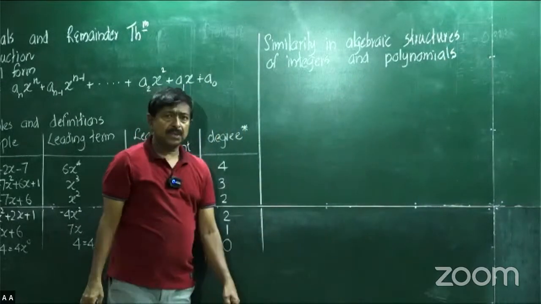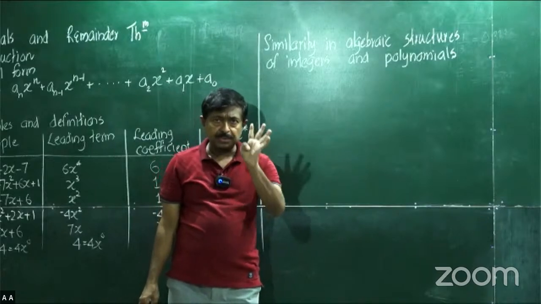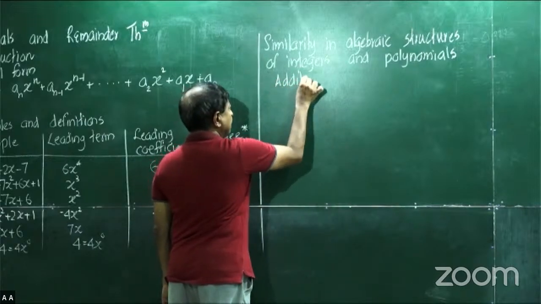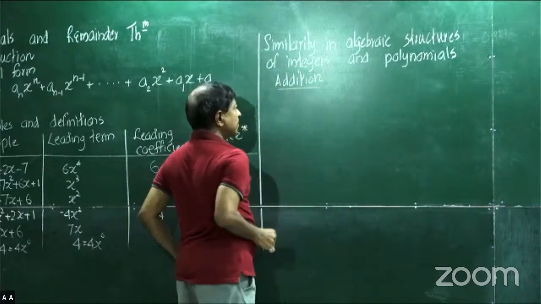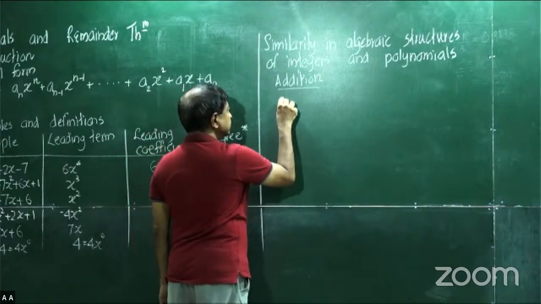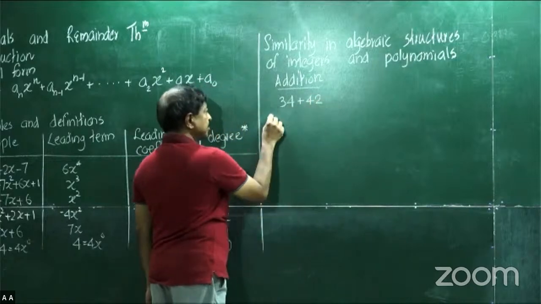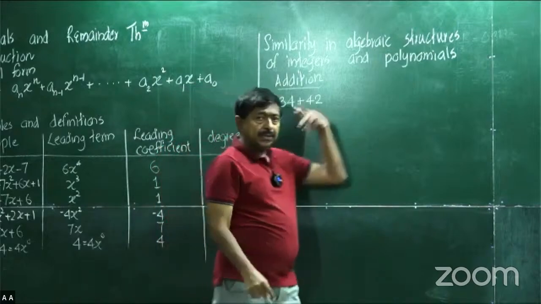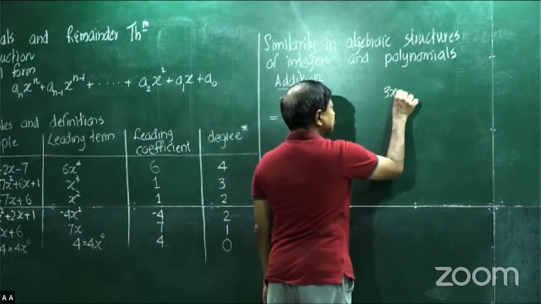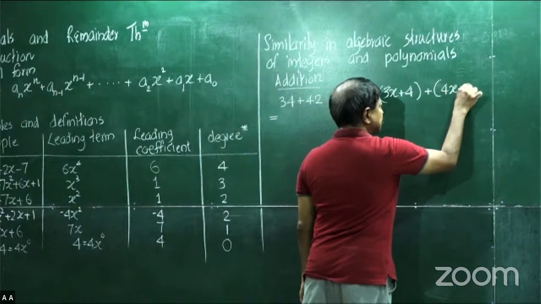Right. Now, this is the similarity. Let's take 4 basic mathematical operations. Addition. So we let them add 2 integers. On the other hand, I take similar polynomials, like I take 3x plus 4 plus 4x plus 2.